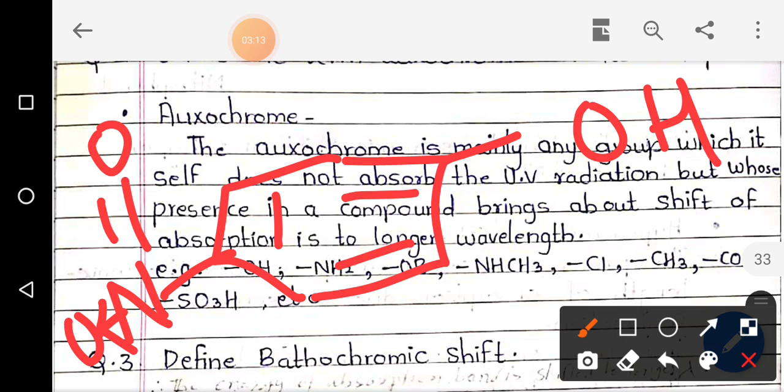So this OH group has lone pairs of electrons, because oxygen has 6 electrons in the valence shell. Two electrons are involved in the formation of bonds; it is divalent. One electron is involved in the formation of a bond with the benzene ring, and one electron in the formation of a covalent bond with hydrogen.